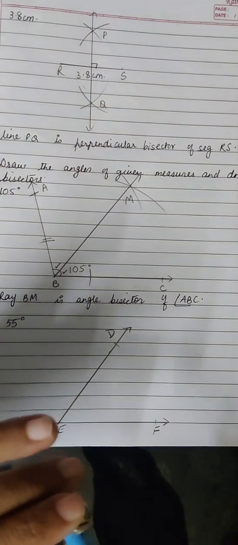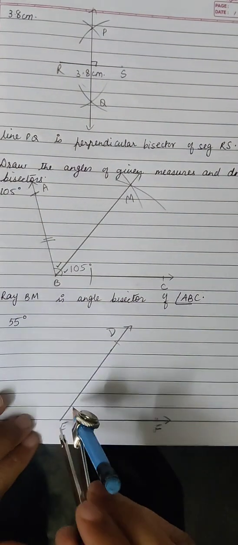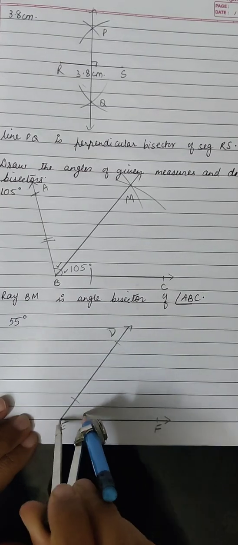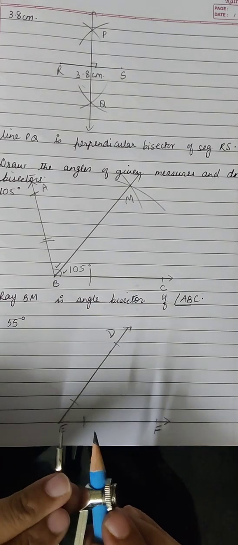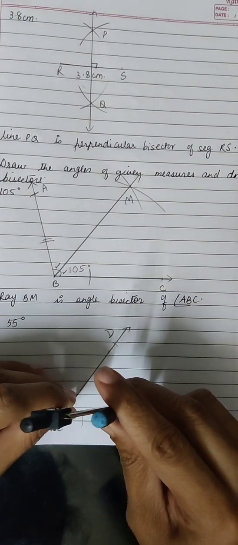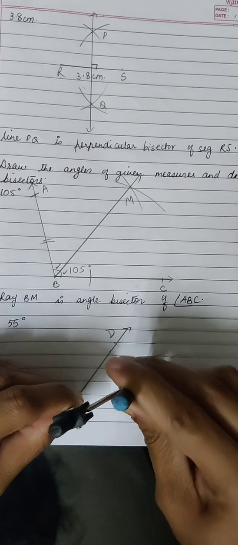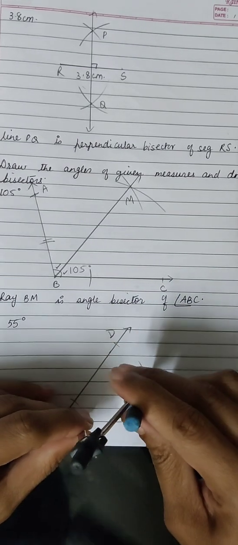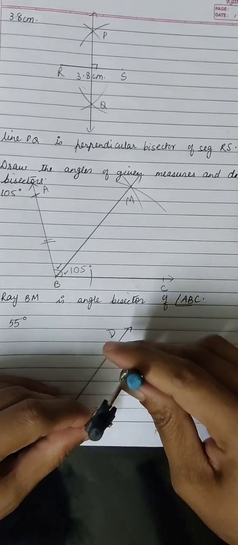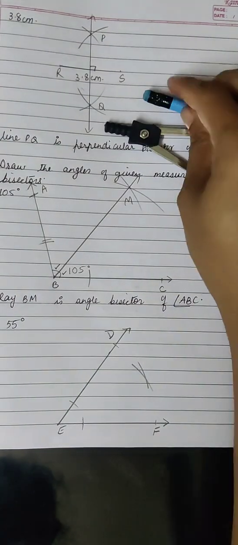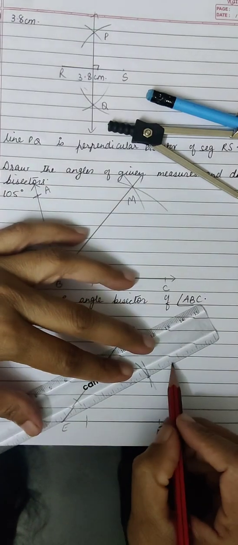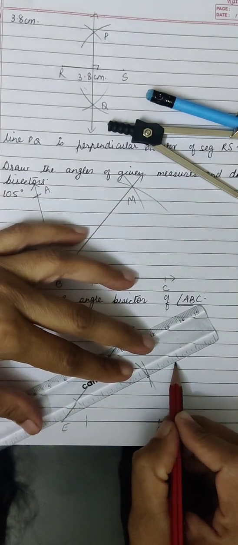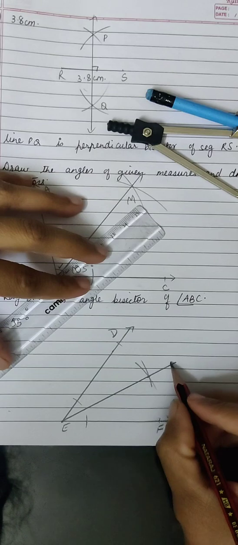Take the compass and make two small arcs on the two arms. Then open up the compass, and from both the arcs that you have cut, make two new arcs. The point that is joining and point E, you have to make a ray.